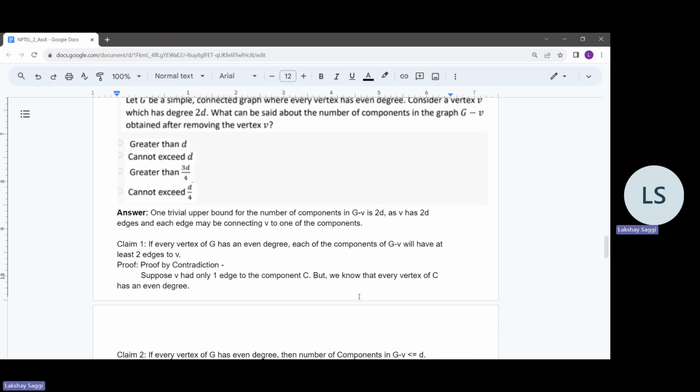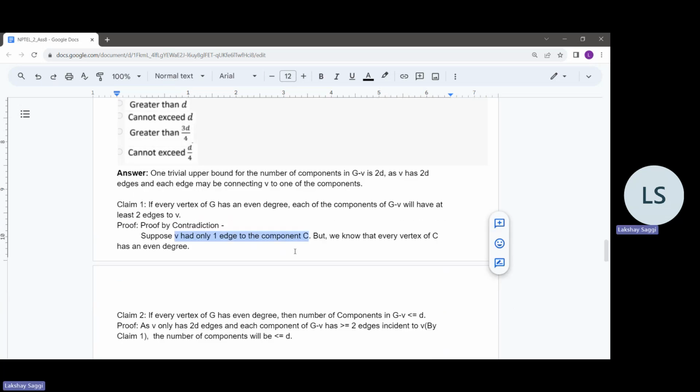And we also know that V has only one edge to the component C. So now maybe we can look at the graph of this component C including V in that.